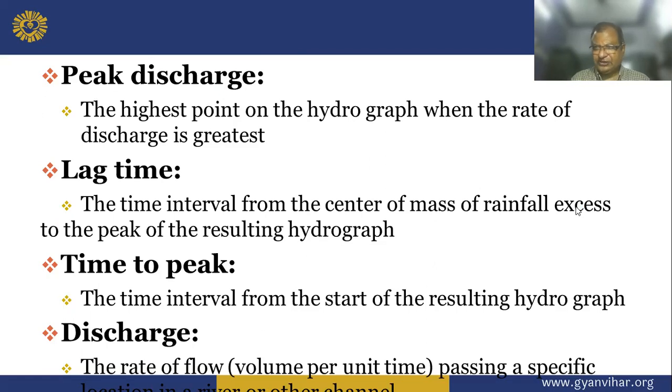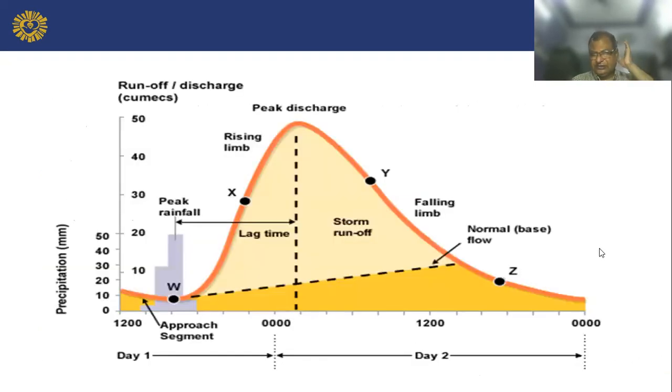The time to peak is the interval from the start of the resulting hydrograph. Discharge is the rate of flow, volume per unit time, passing a specific point. This is the runoff, discharge, peak discharge, hydrograph.